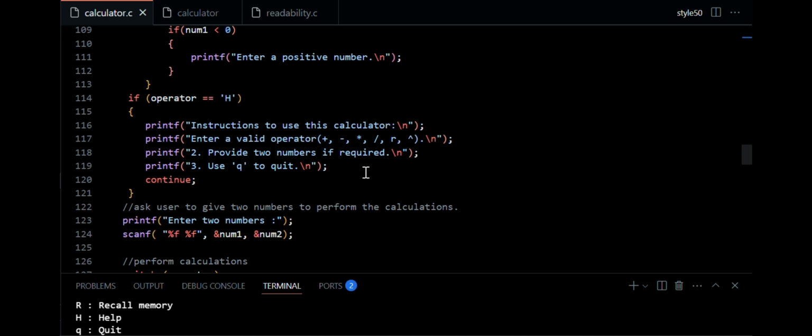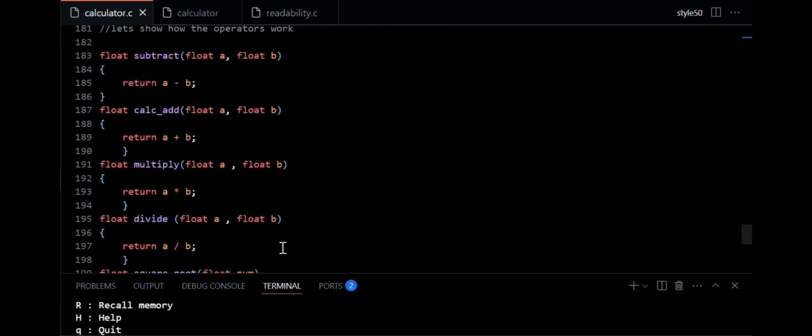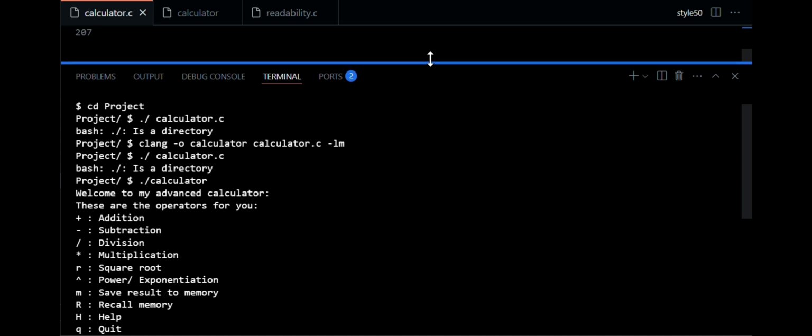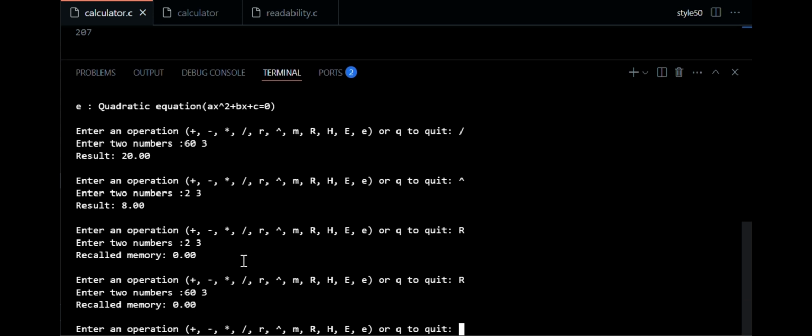Now here it's asking for two numbers. I think it's on point. It's good. It says 0, recall memory.